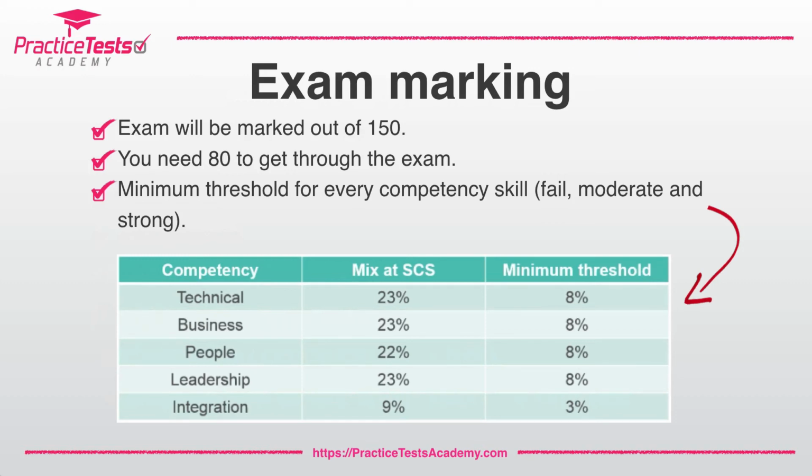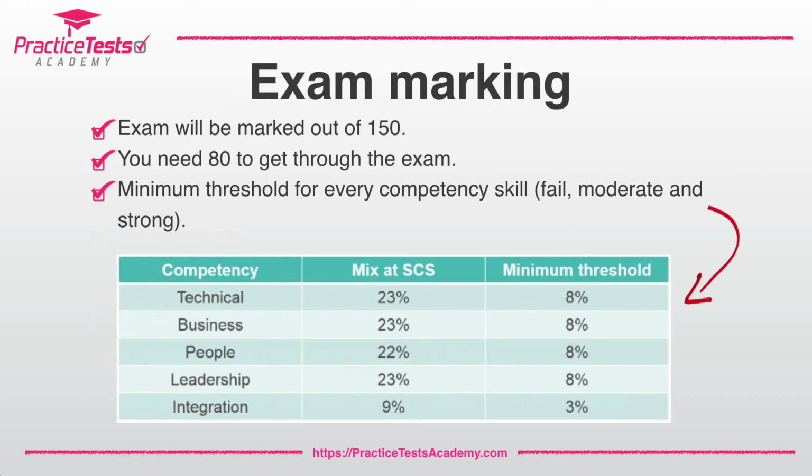So this is just a quick reminder that you are going to have a maximum of 150 points. You need 80 to go through, and you need to have at least a moderate knowledge from all the competencies that are mentioned below. Now, we've described already the competencies. The one that was left was the integration. Personally, for me, integration is like bonus points. You need to show that you can integrate the knowledge and the material that you have learned before and that you have also read through pre-seen material in your answer.